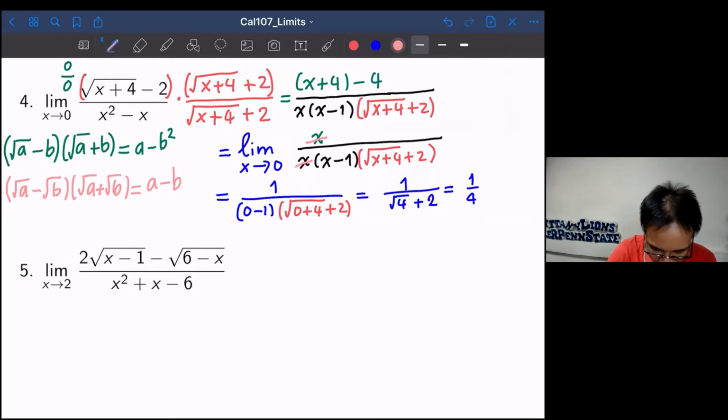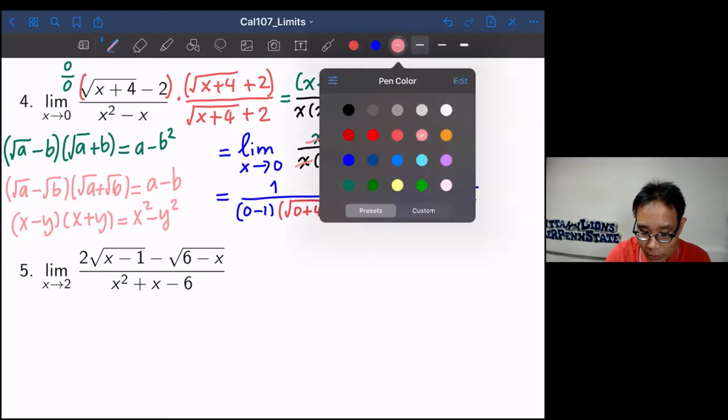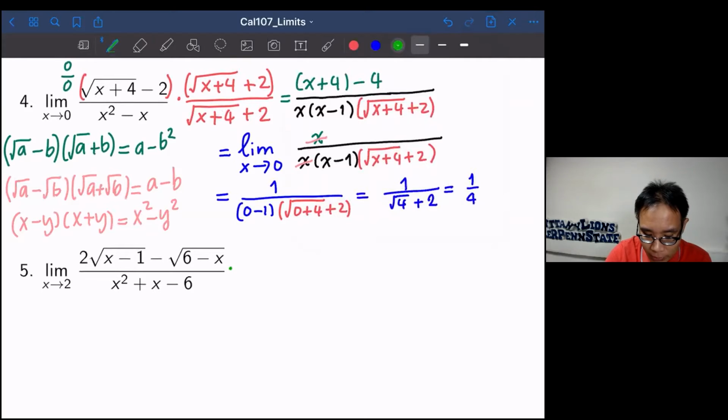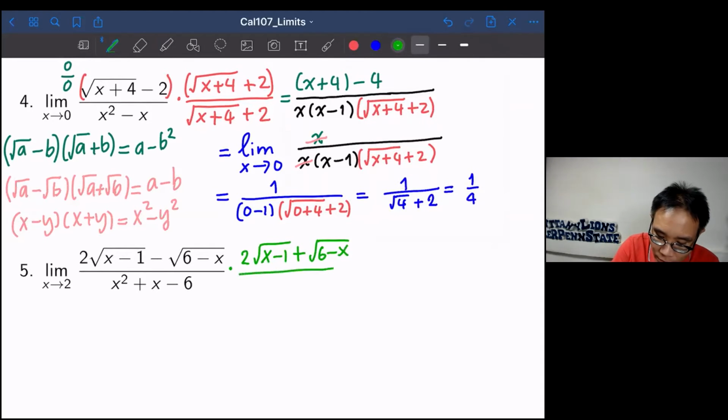It's just x minus y times x plus y, called difference of squares, so it's x squared minus y squared. So you're gonna multiply the bottom and the top by 2 square root x minus 1 plus square root 6 minus x over 2 square root x minus 1 plus square root 6 minus x.